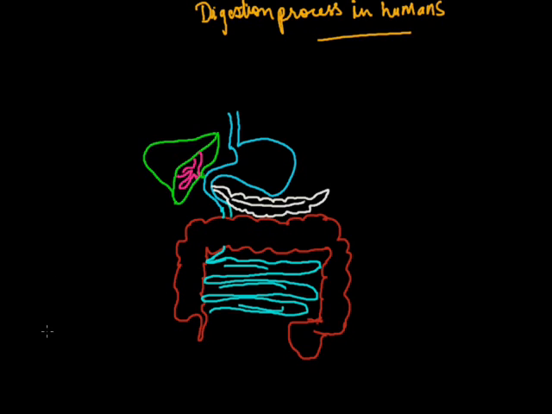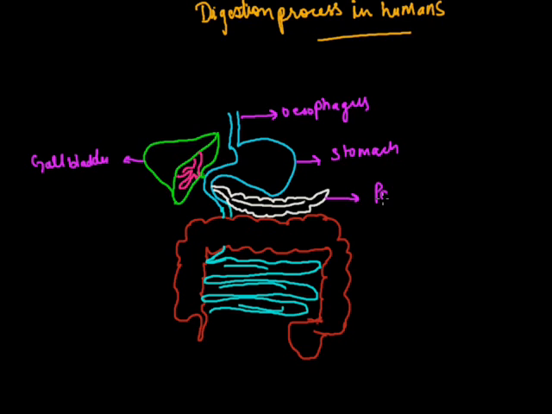Now let me label the diagram. This is the esophagus, which is also called the food pipe. This one is the stomach. This is the gallbladder. This is the pancreas gland.